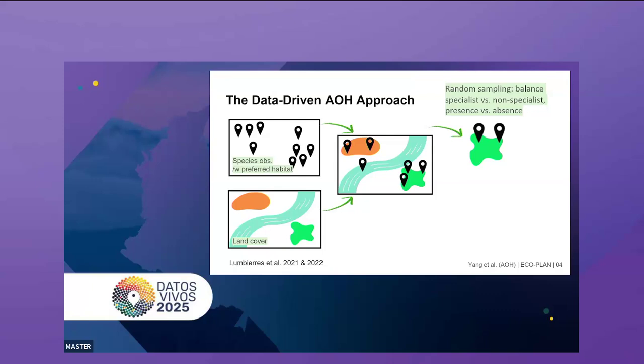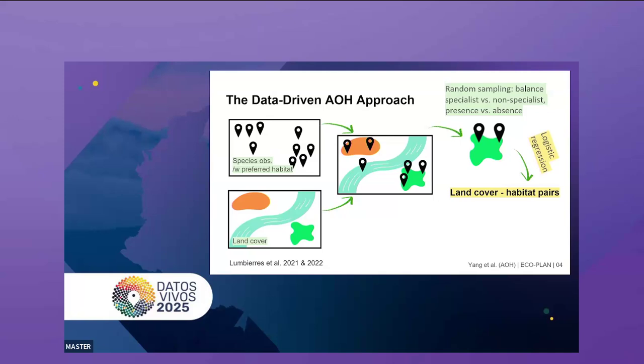In this process, in order to highlight the strong habitat association for specialist species, random subsampling is usually implemented to subsample non-specialist species observations to balance with specialist species observations. In addition, pseudo-absence points are also randomly subsampled to balance presence points.